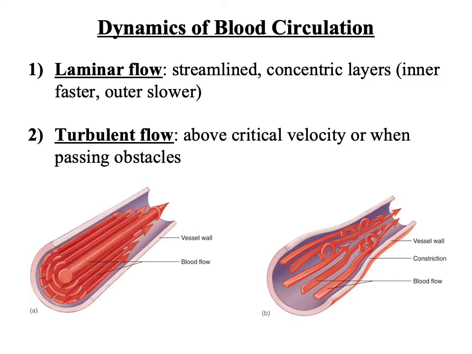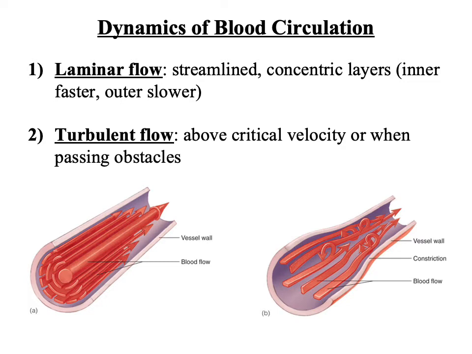Their shoulders may be scraping the wall, so there's a little bit of resistance to their movement. And that's what the blood layers close to that vessel wall are experiencing. They're experiencing a little bit of resistance. So there's definitely an asymmetry in terms of the pace and the ease at which the blood can get through that vessel.